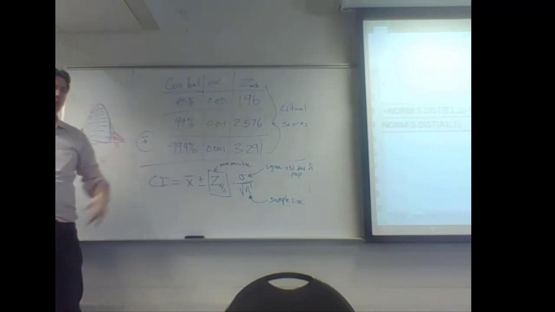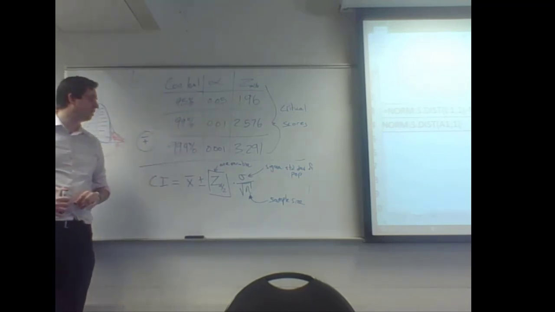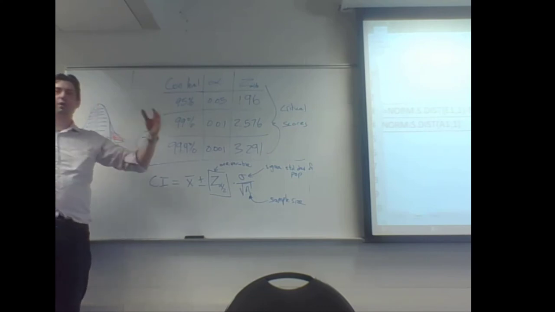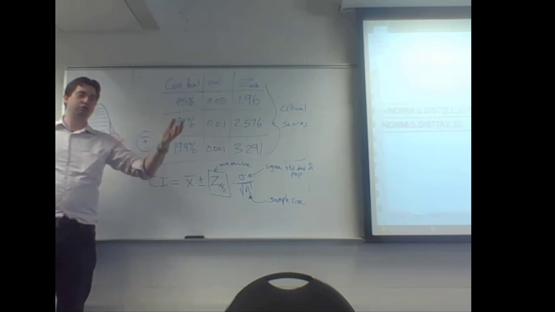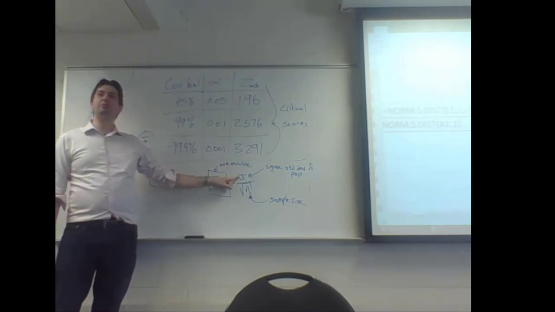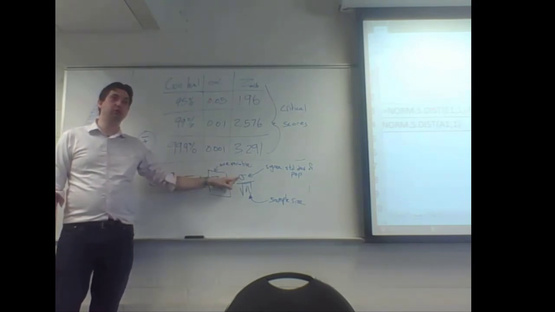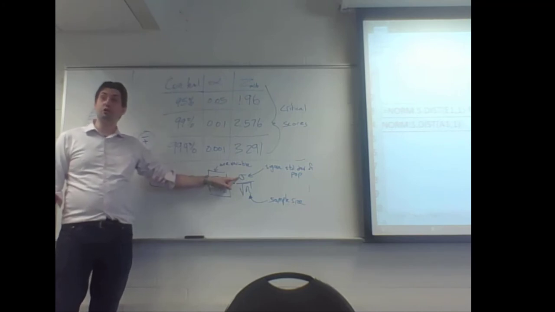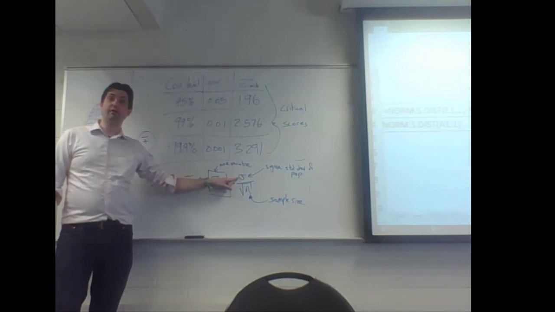I don't want to say more confident because it's not an emotional state, but I want to be sure. But as the data is more naturally diverse, that also requires you to cast a wider and wider net, and have a larger and larger interval.